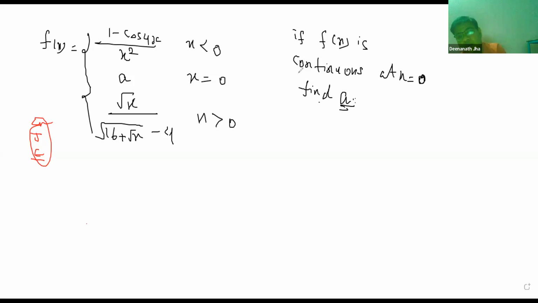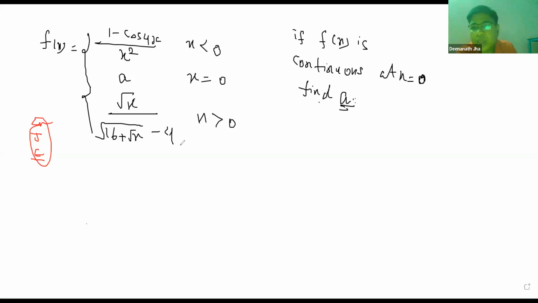Can you tell me what is the value of A? The A I got is 8. Okay, this is the correct answer. Ibrahim has told me that the answer is 8, and this is correct.